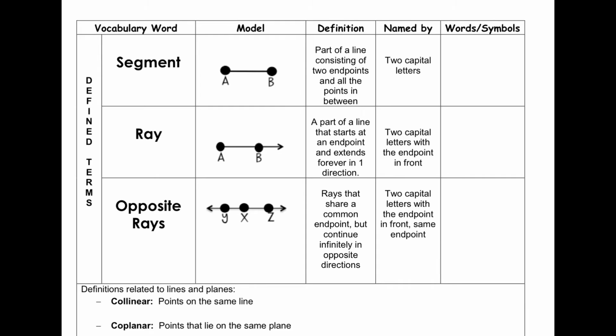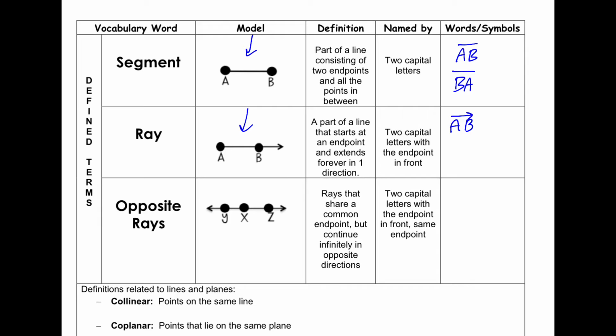A segment. They look like this. We could call this segment AB or segment BA. Notice the difference. The line above it does not have the arrows because we have 2 endpoints and all of the points in between. Segments do not extend in every direction. Rays look like this. They extend in one direction. They start with an endpoint.